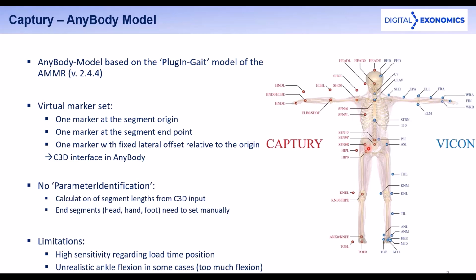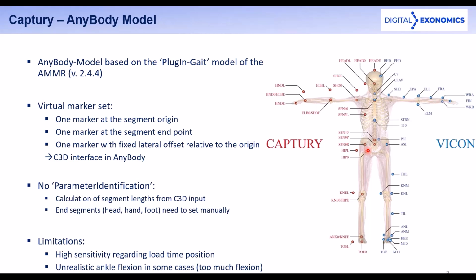And the way we did it for our model is that we created three markers for each segment. We have one marker which is defined to be in the segment origin. For example, if you look at the thigh or femur as one segment, the first marker would be in the hip joint, so it would be hip 0 here.